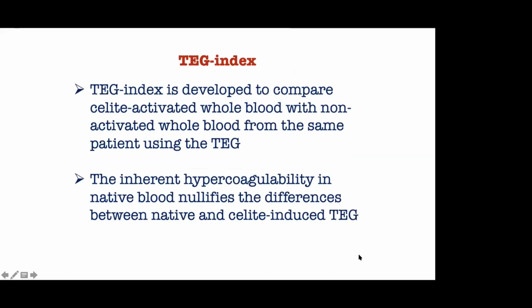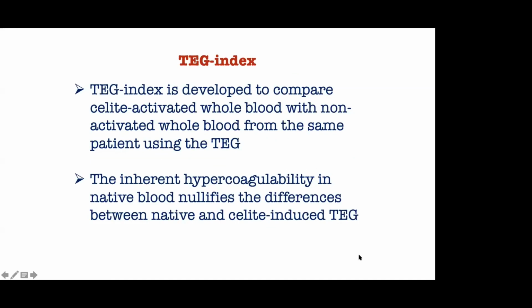The TAG index is developed to compare celite-activated whole blood with non-activated whole blood from the same patient using the TAG. The inherent hypercoagulability in the native blood nullifies the difference between the native and celite TAG. So what is the importance of this? The same patient's blood is taken into the celite or citrated blood, and another sample is run as fresh blood.